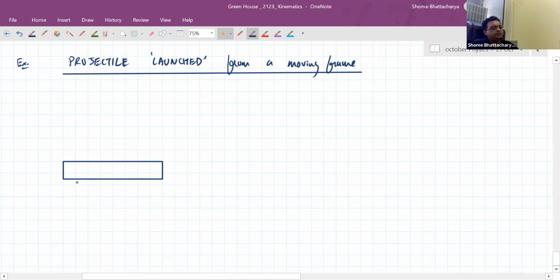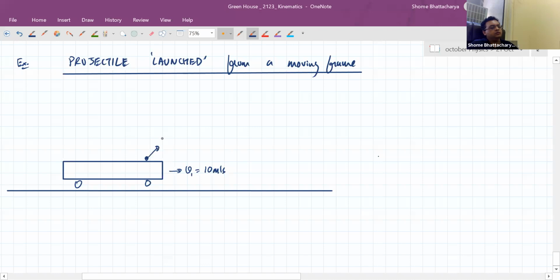For example, we have a vehicle which is moving at a speed of 10 meters per second. Okay. And now from this vehicle, an object is launched. Okay.